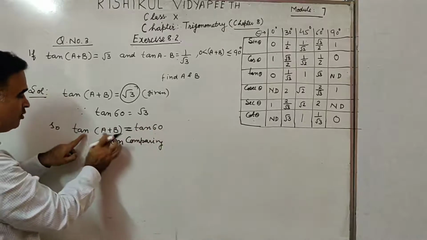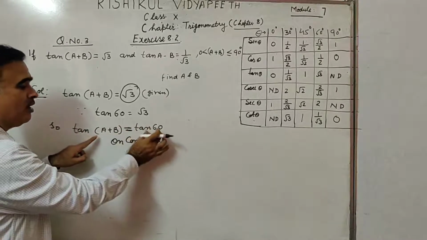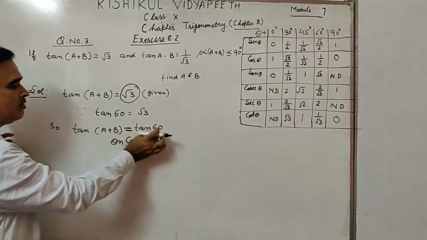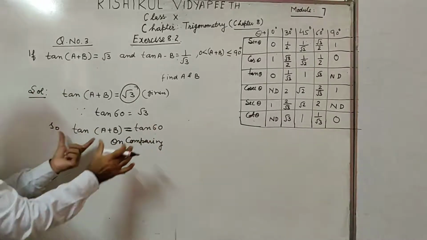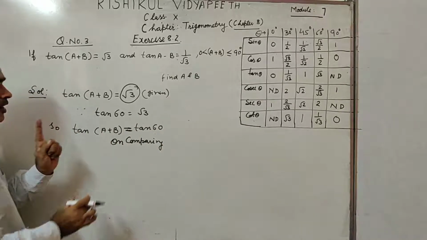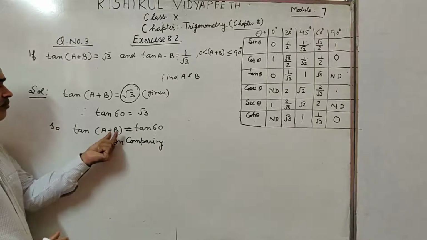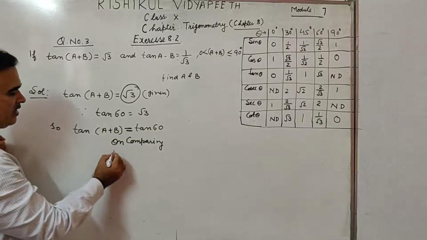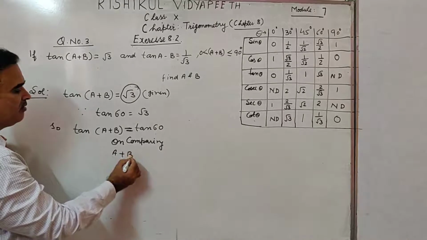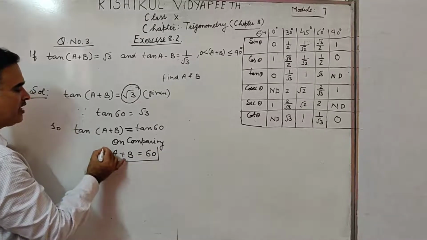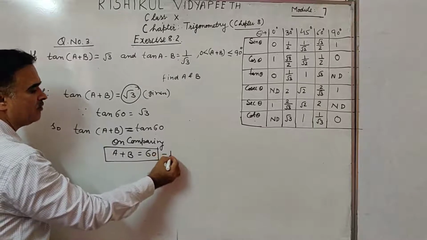It means both values will be equal only when a plus b equals 60. Again I am telling, both things will be same only when both angles are same. So on comparing, we can say a plus b equal to 60, and you take it as equation first.